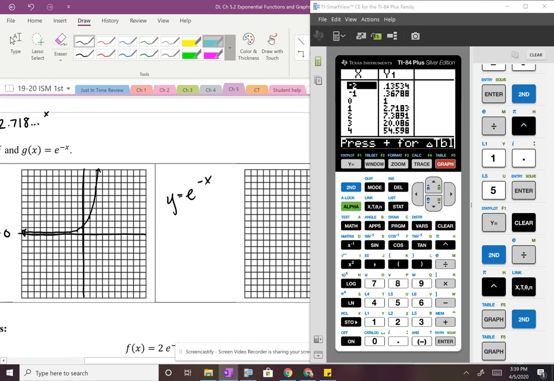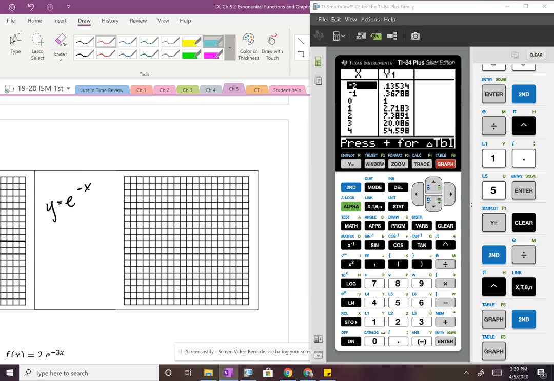Now, we did talk about the negative being in the exponent. This is a change in x, so this is a reflection over the y-axis. So really what you can do is take the graph that we just had and reflect it over the y-axis.